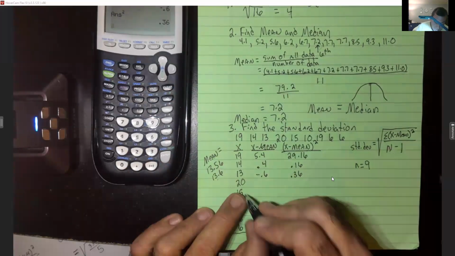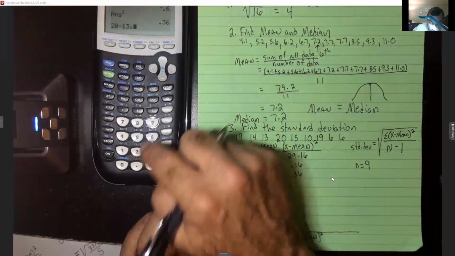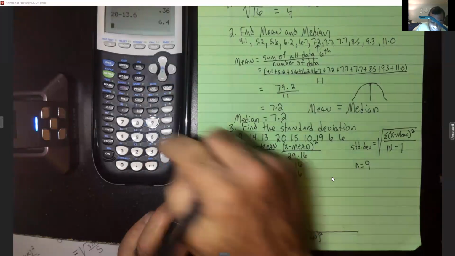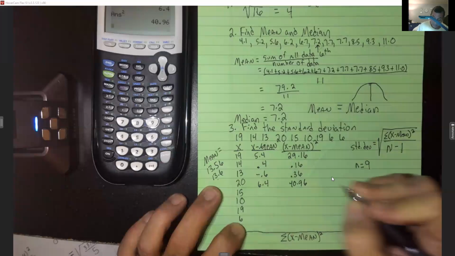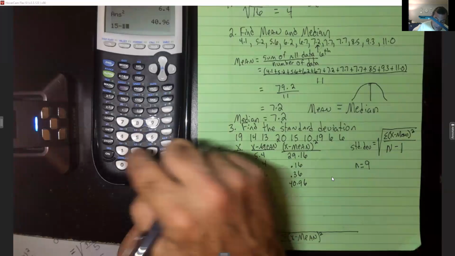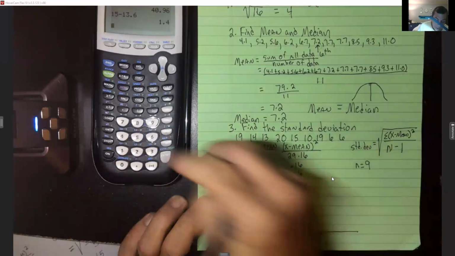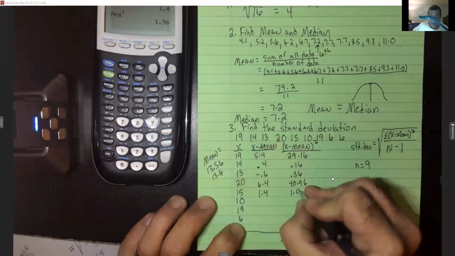All right, so I'll do the same thing. 20 minus 13.6 is going to equal 6.4. Square that, we get 40.96. All right, 15 minus 13.6 is going to equal 1.4. Square that, you get 1.96.